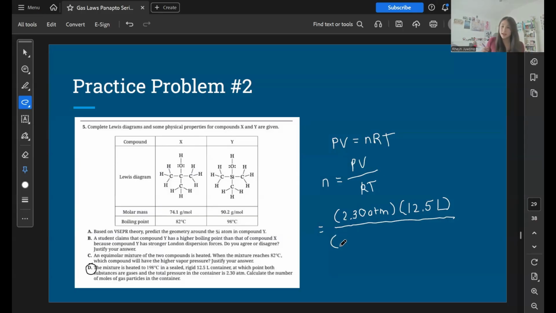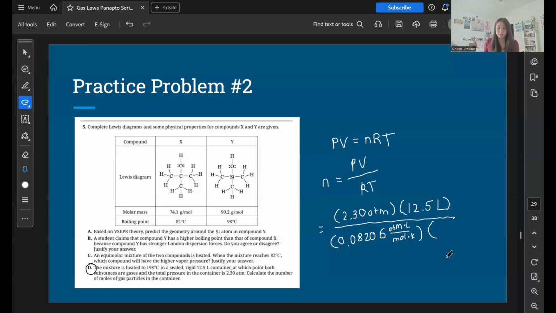Then we have our ideal gas constant, which is given on your formula sheet. They give it to four significant figures, so 0.08206 atm liters over mole Kelvin.